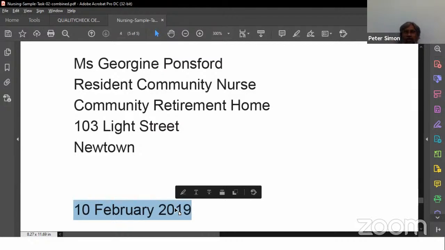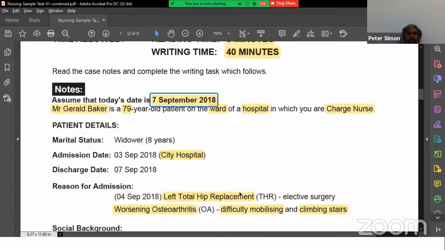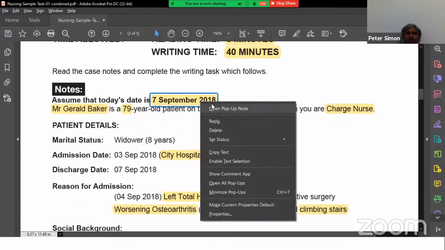If you have a doubt, ask me. I'll show you the proof. Don't listen to any Tom, Dick, and Harry who says any format is okay. Yes, it is okay. It is not the best. Right. So this is the date.